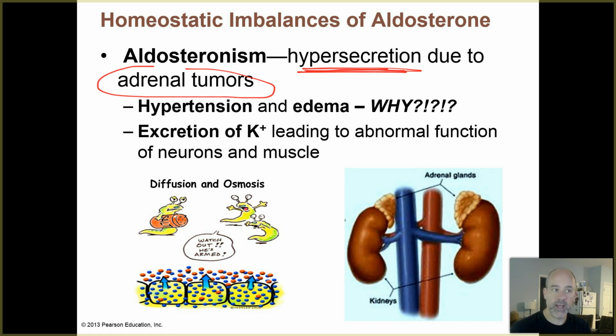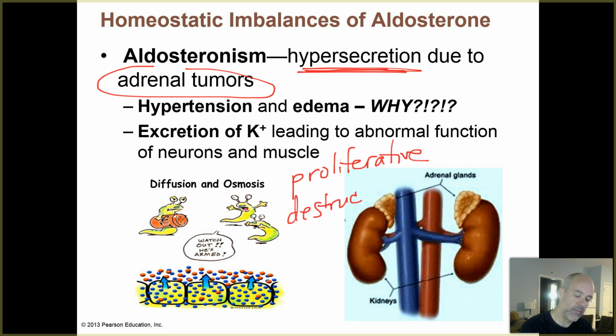Tumors in endocrine glands are an overgrowth of cells in an endocrine gland. Those can be proliferative, where the cells are proliferating, or destructive. This could be a tumor that is invading an endocrine gland and actually destroying it.